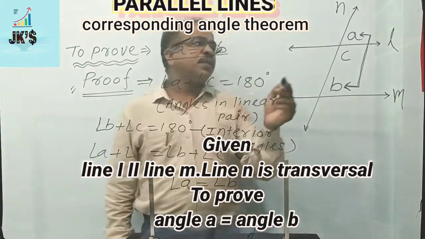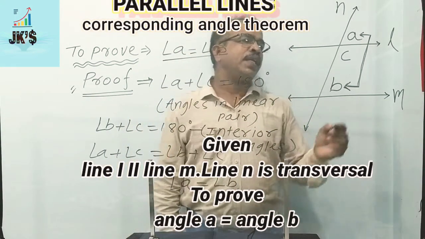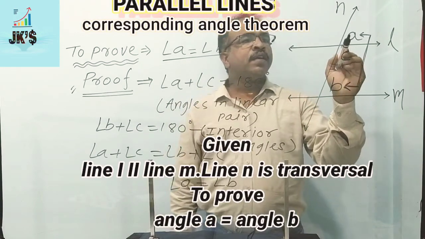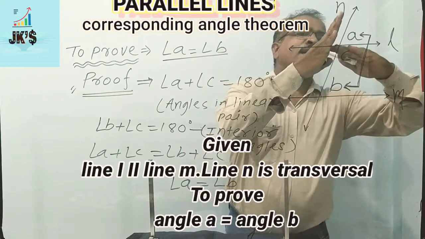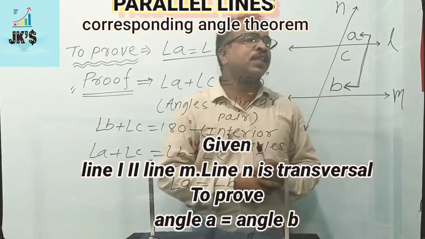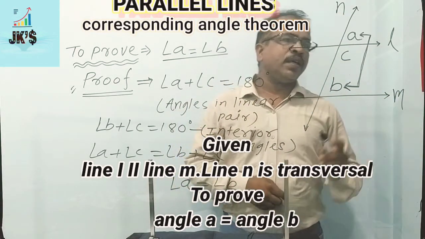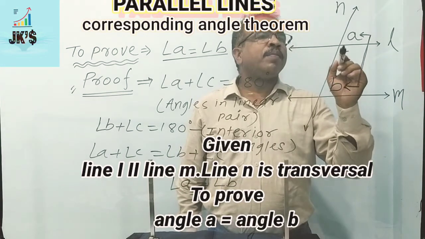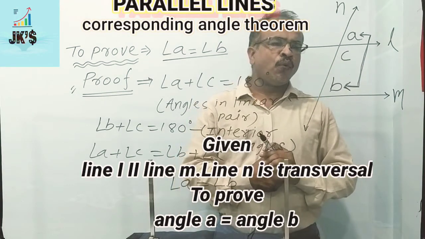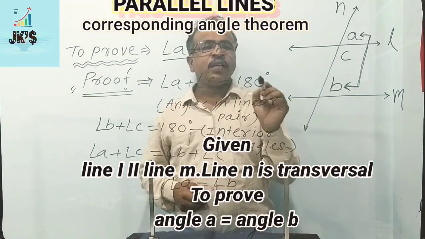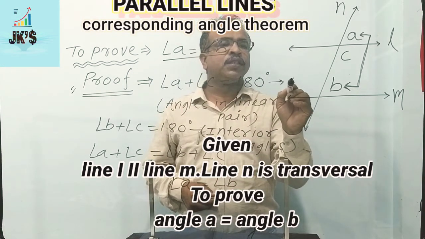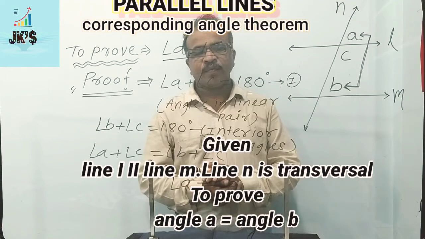Angle A plus angle C equals 180. This angle A and this angle C are in linear pair. The angles in linear pair are supplementary. Means angle A plus angle C equals 180. Suppose this is statement first.